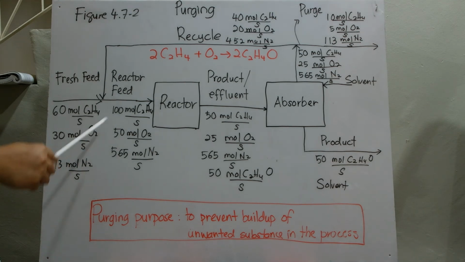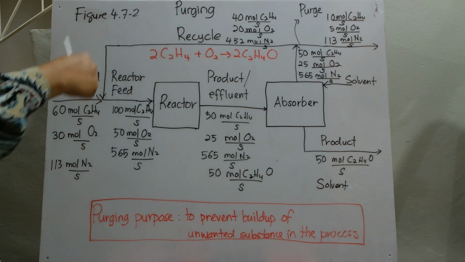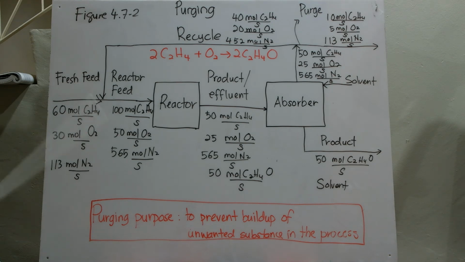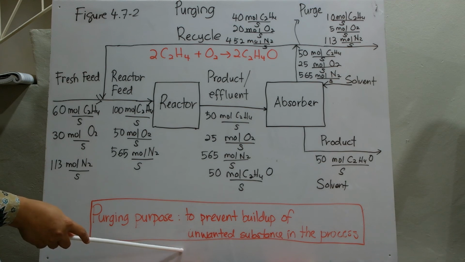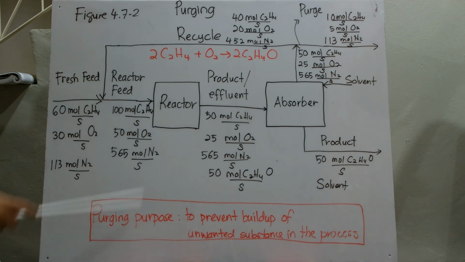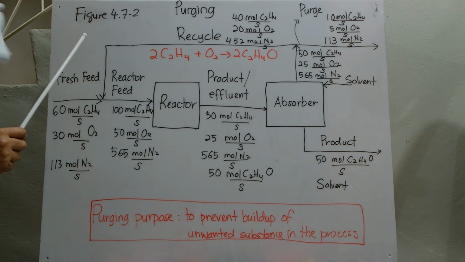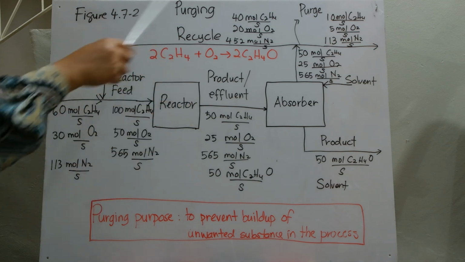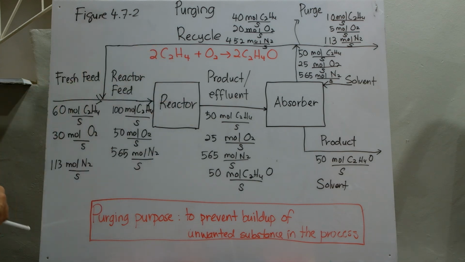So this is how we do purging in a system with a recycle stream. Remember, the purpose of purging is to prevent build-up of unwanted substance in the process. You can try by yourself Example 4.7-3 to understand better the concept of purging. Thank you.